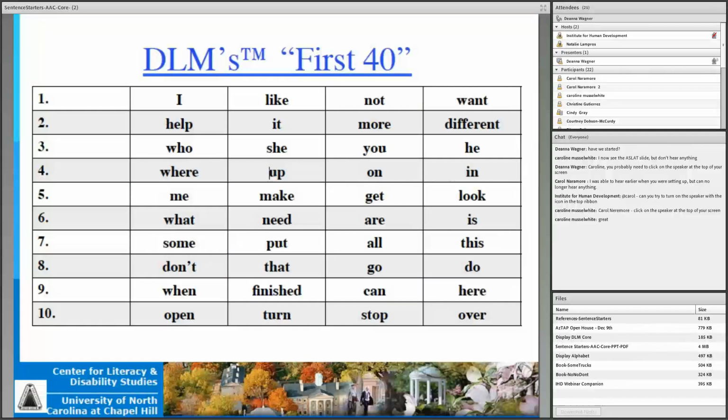This is the slide from the ASHA presentation. Like I said, it is available at that website, so you can look back on here. As you look at the different words on the list, you can see how, like on the first page, we have I and like, as well as not, so that combinations could be used to make some simple sentences.